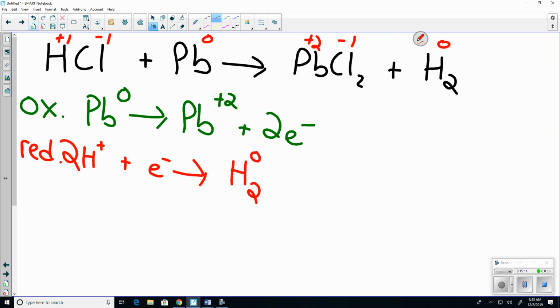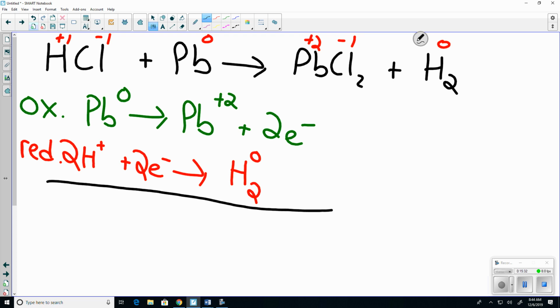Once you balance your number of atoms on the left and the right-hand side, now you can balance the charges as well, which means I need to put a 2 in front of my electrons here. Because now it's neutral on both sides.